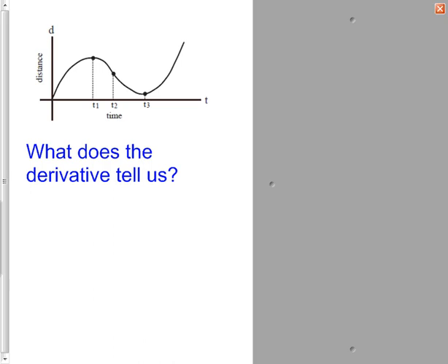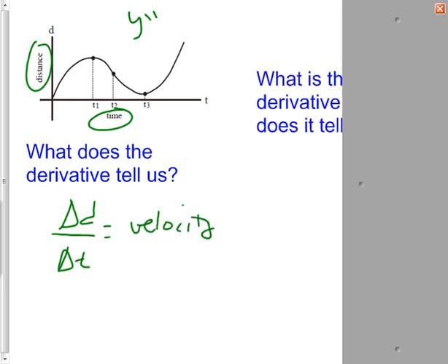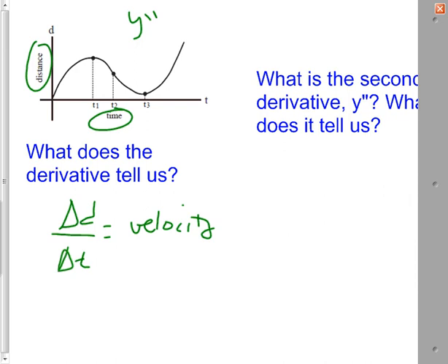Getting more of a conceptual understanding of y double prime: if we look at this function of distance and time, the first derivative tells us the change in d over the change in t, the velocity. We were looking at that a lot before. What would the second derivative tell us?